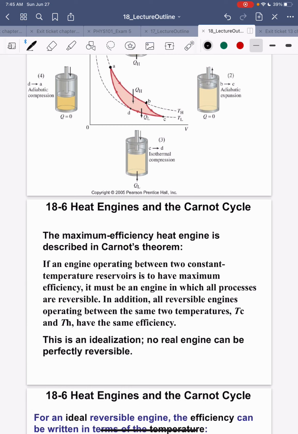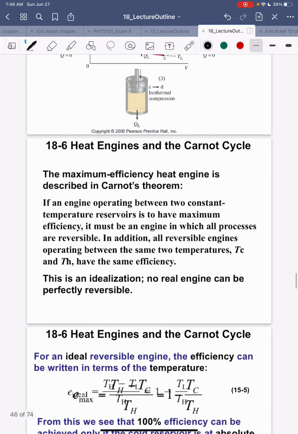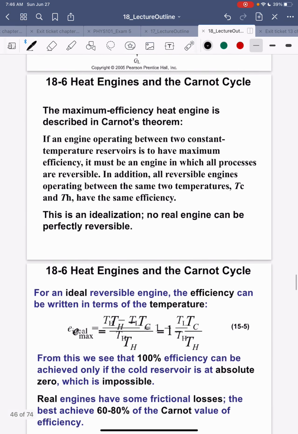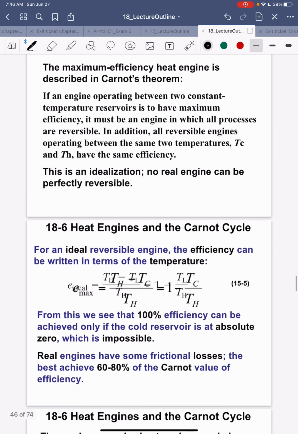Then it depends on the high temperature and the low temperature. So we can have E maximum as T hot minus T cold over T hot, which is 1 minus T cold over T hot.